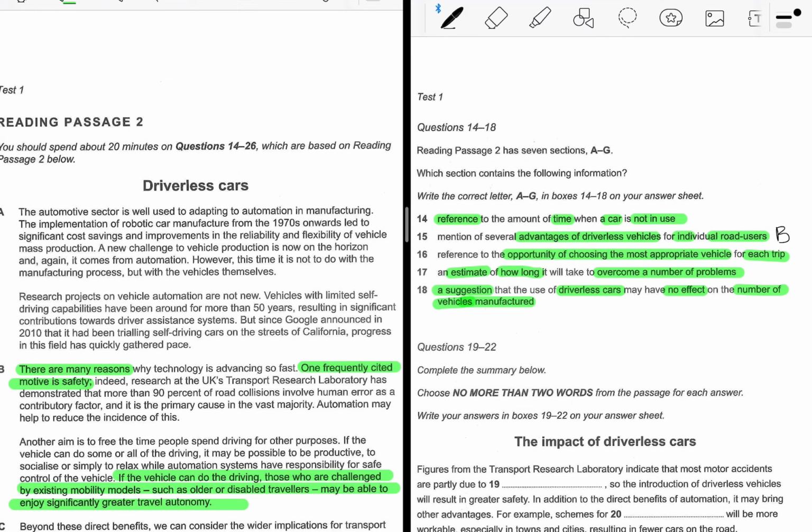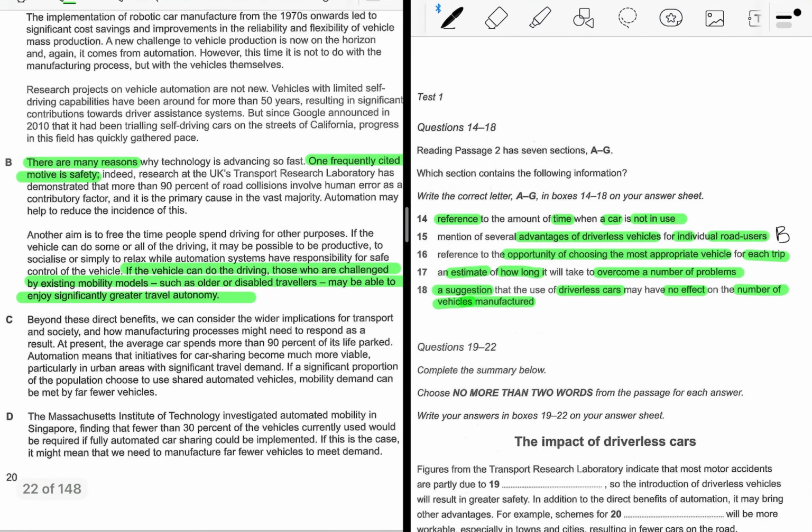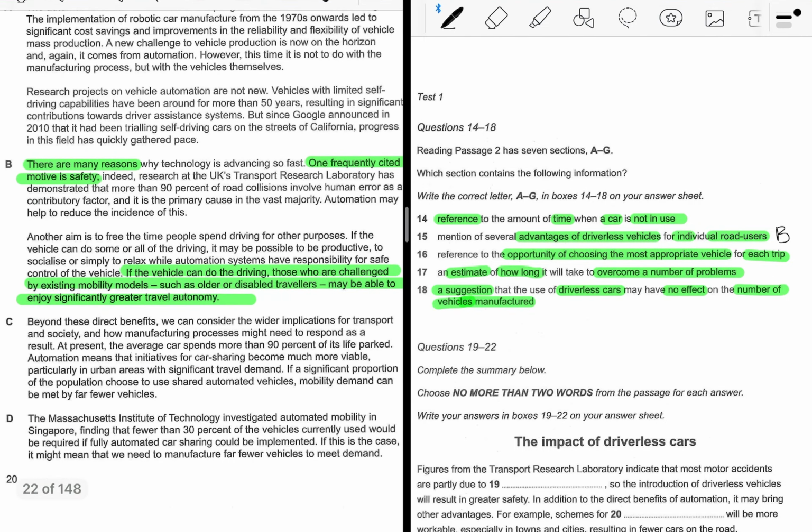Here we still didn't get the answer to question number 14. And the technique of highlighting all the questions gives benefit here. Now go back to paragraph C. In the second line, we got at present, okay, let's highlight it.